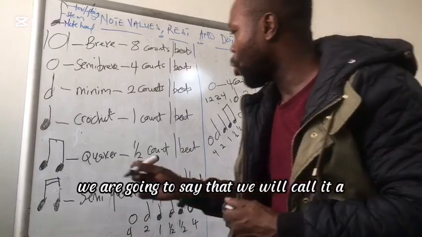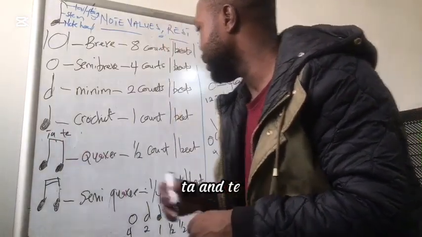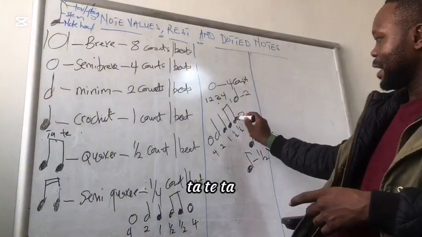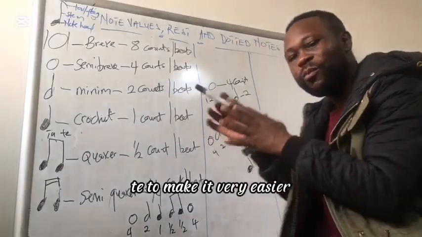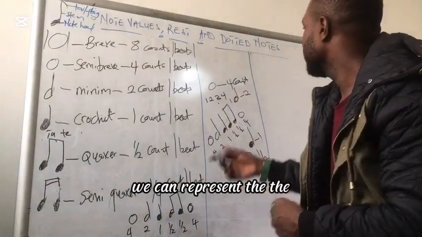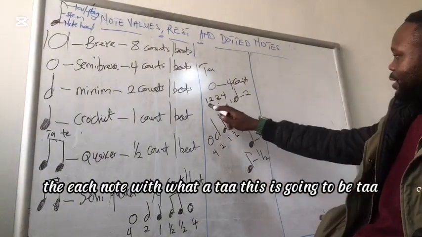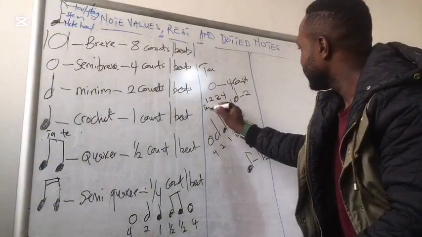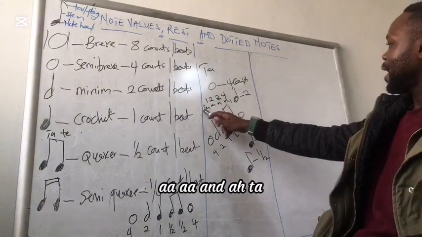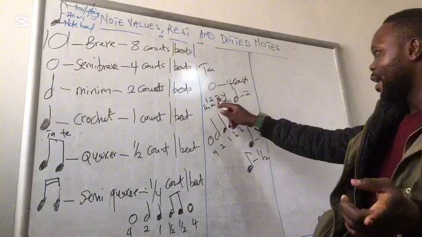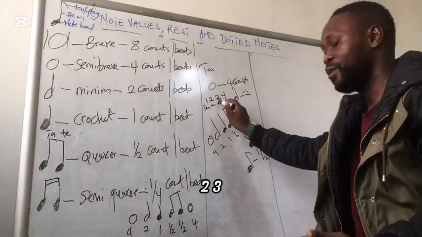Ta, te, ta, te, ta, te, ta, te. To make it easier, we can represent each note with a ta. This is going to be ta, ta, and ta, 1, 2, 3, 4.